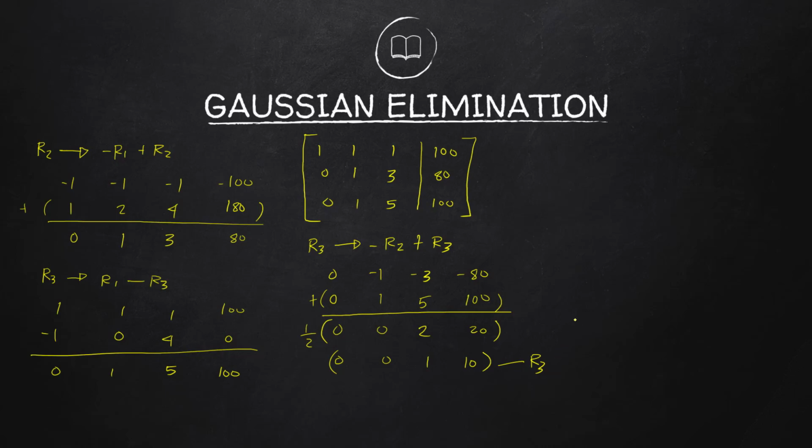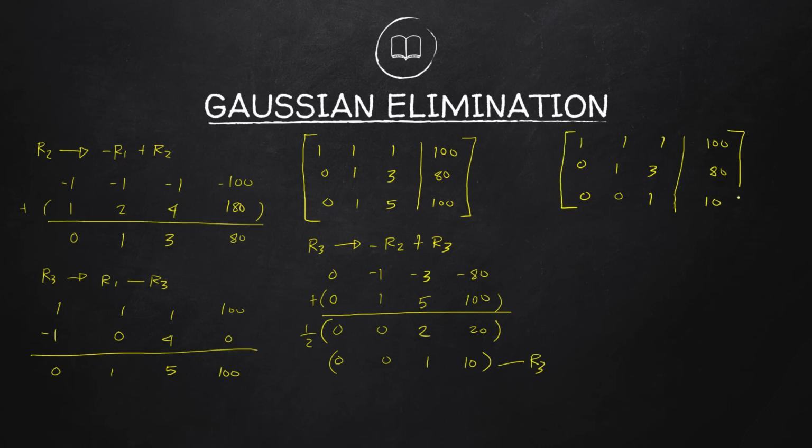And from this, we can now have our new augmented matrix: 1, 1, 1, 100, 0, 1, 3, 80, 0, 0, 1, 10.